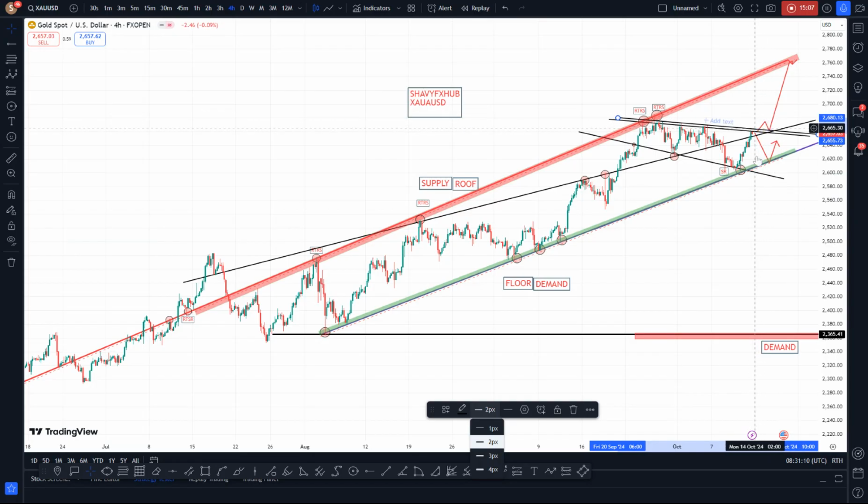So let's see what happens at this level, where buyers break past this level. Yes, we broke one structure. A resistance structure has been broken to return price to a buy demand floor.